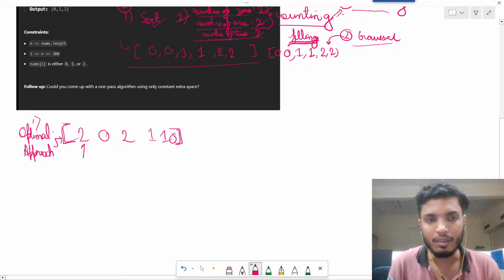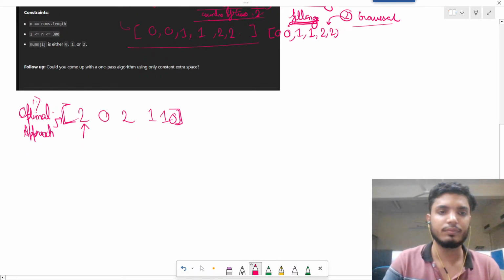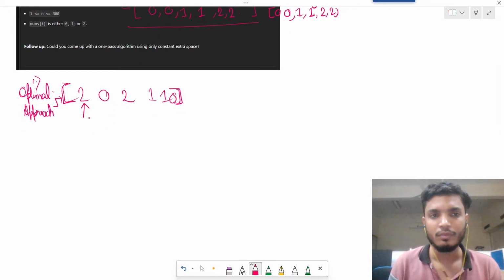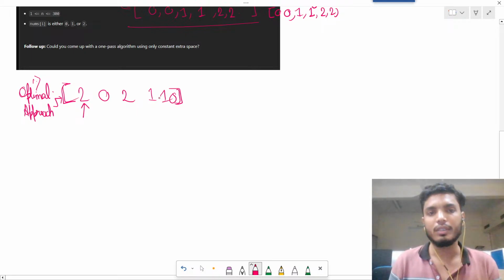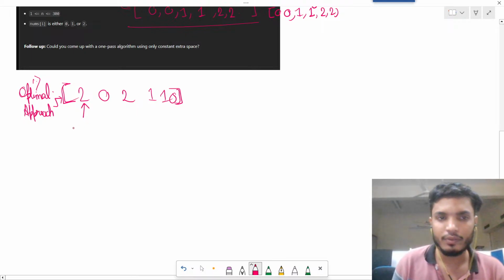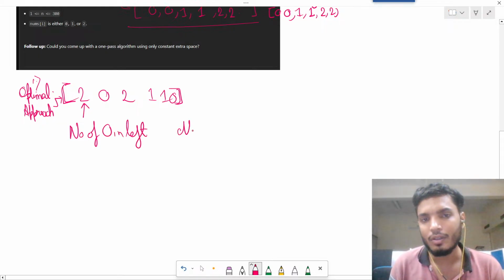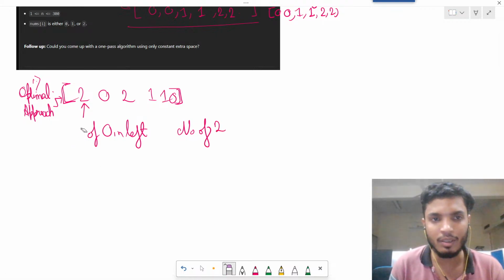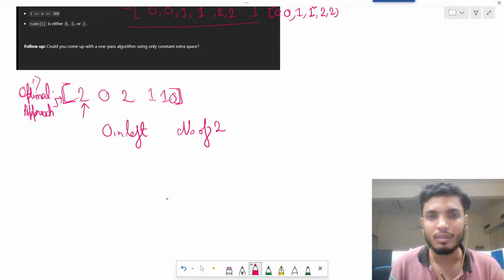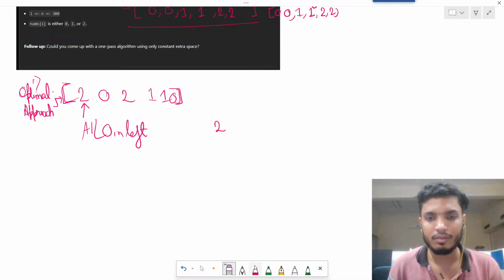Optimal approach means what you need: all the zeros in the left and all the twos in the right.